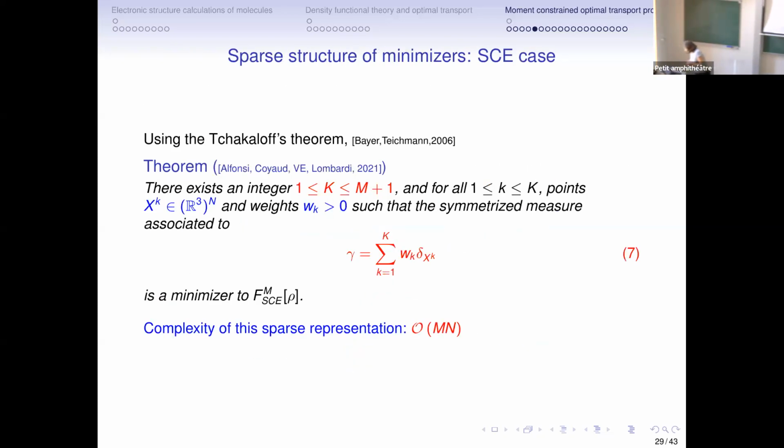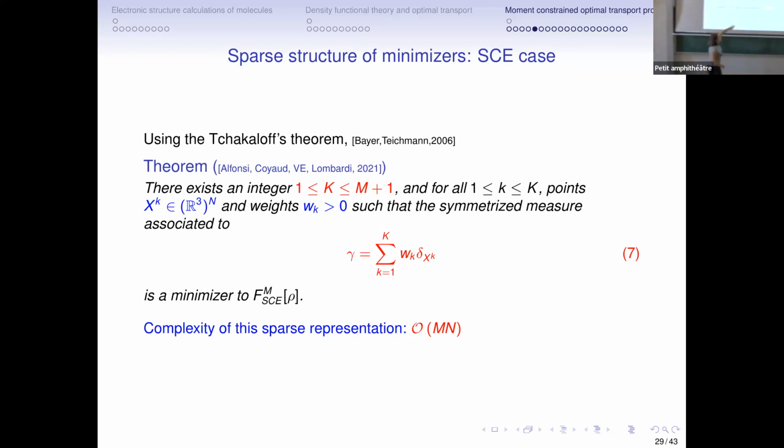And what is interesting is that with these approximations with a finite number of moment constraints, you can prove that there exist some very sparse minimizers to them. And that was our main motivation for considering this kind of thing. So let me give you the sparsity result in the classical optimal transport case. The solution that we are after is a probability measure defined on R3n.